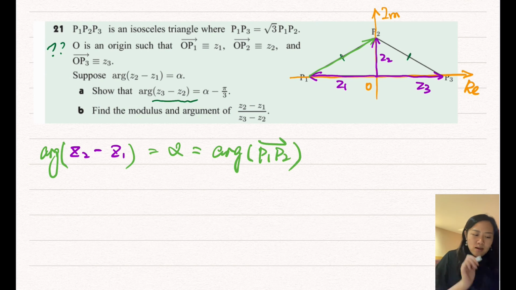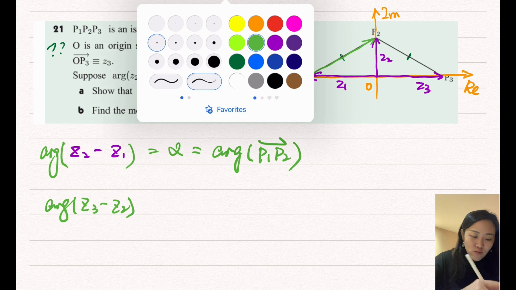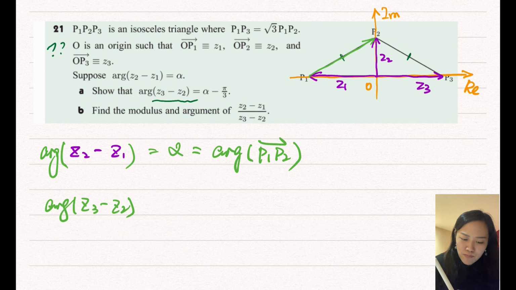Now, what we want to prove is the argument of Z3 minus Z2. From this diagram, where is Z3 minus Z2? Which vector are we looking at? Z3 minus Z2, we know, again conveniently, is P2 towards P3.